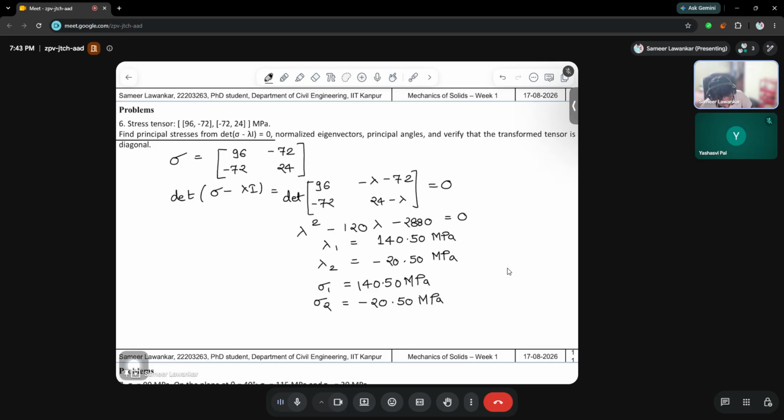The second concept is regarding normalized eigenvectors and principal angles. Eigenvectors here are basically direction vectors. If I write this as v1, v1 is basically cos theta, sin theta. And what is v2? v2 is basically minus sin theta, cos theta.